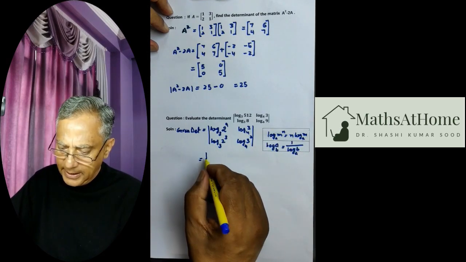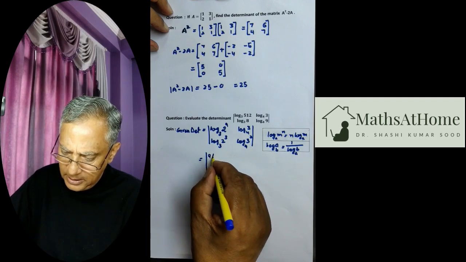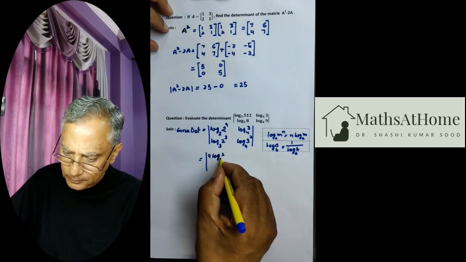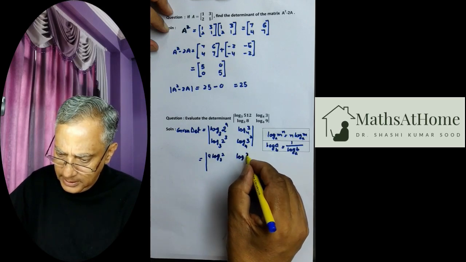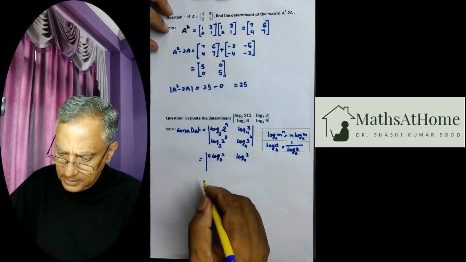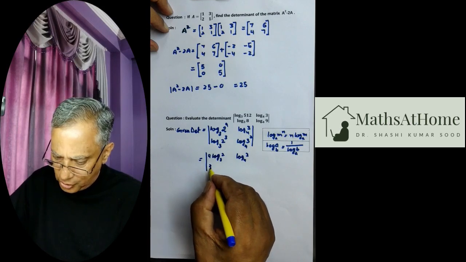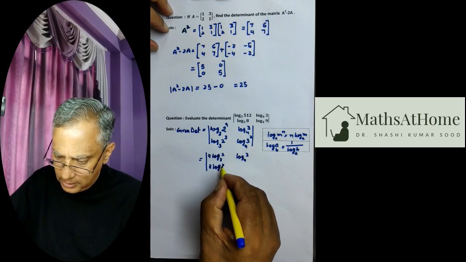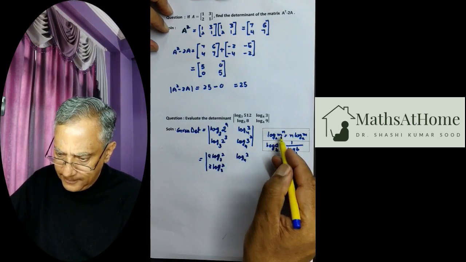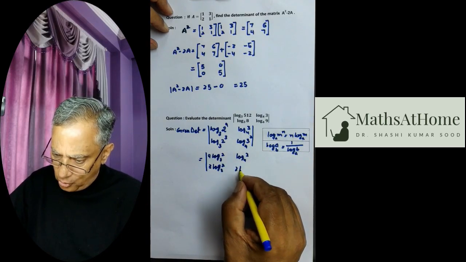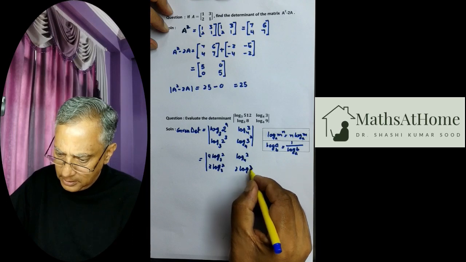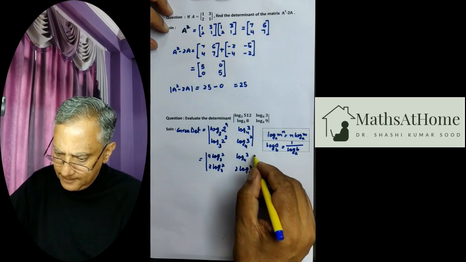This can be written as 9 log 2 to the base 3, this is log 3 to the base 4, this is 3 log 2 to the base 3 using this formula, and this is 2 log 3 to the base 4.